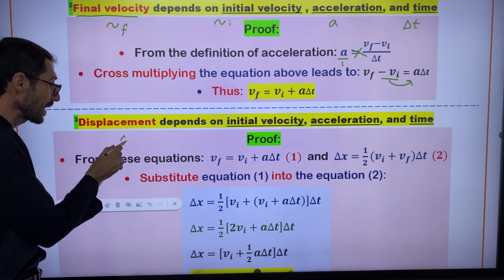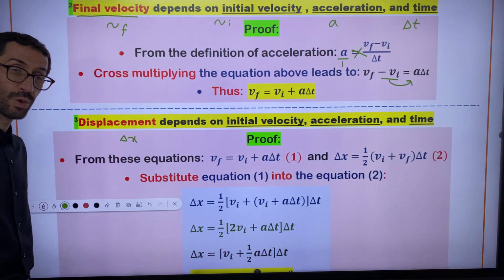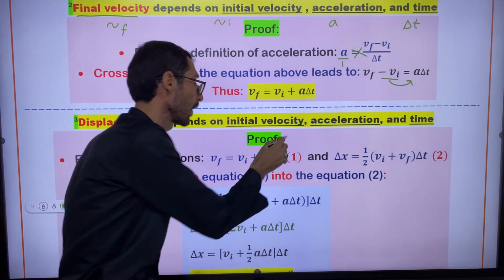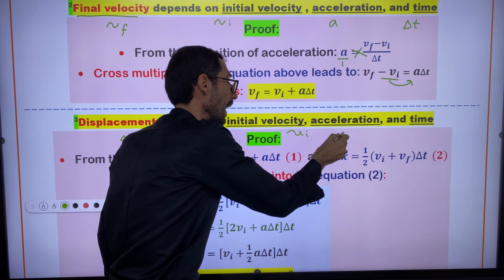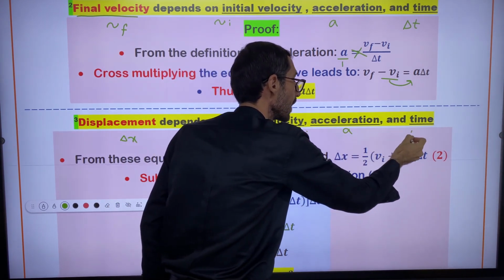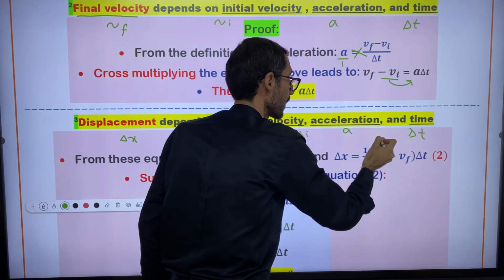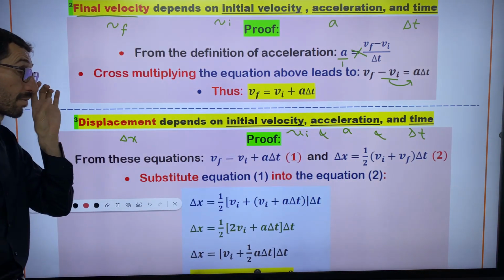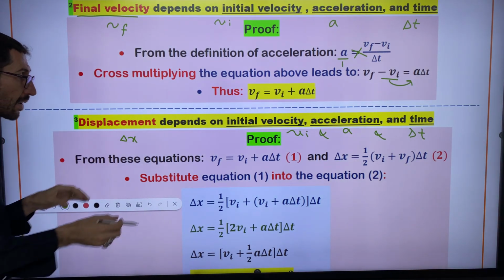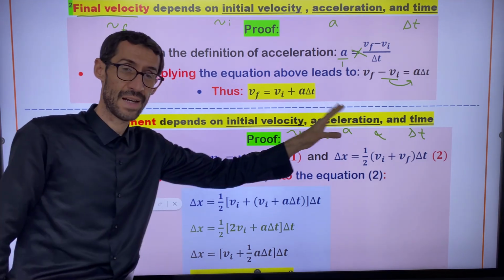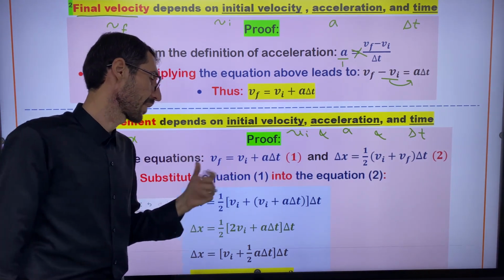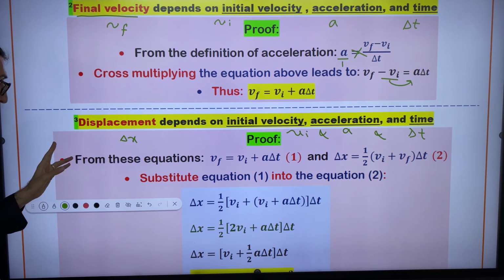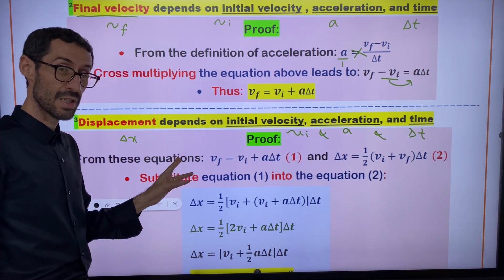The third one, displacement depends on initial velocity, acceleration, and time. Displacement means delta x. We look for a rule for delta x in terms of the initial velocity, acceleration, and time interval, right? So there are three factors. The rule for delta x should include these factors. Let's start our proof from these equations.